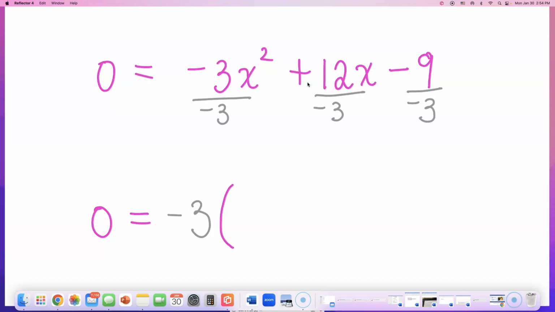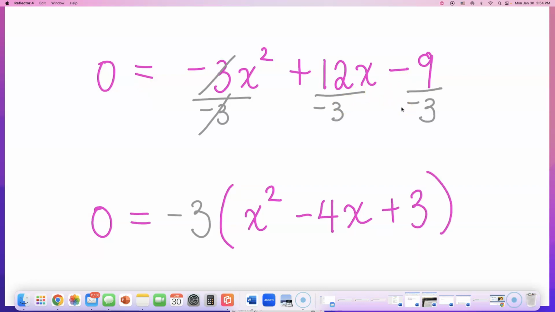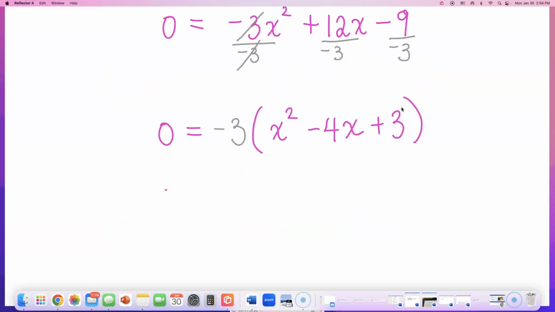But let's divide and write down the leftover inside. So first, the negative 3's will cancel out. I'll just have what? x squared. Next, 12 divided by negative 3 is negative 4. And look at the last term. Negative 9 divided by negative 3 is positive 3. All right, we're getting closer to our answer. So now I'm going to factor that pink trinomial into 2 pieces, okay?